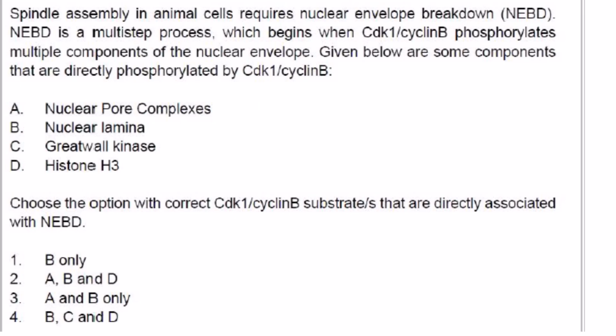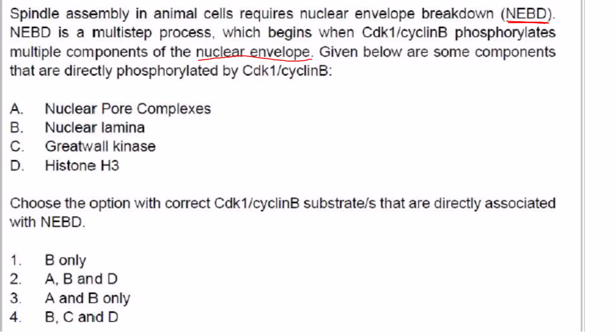Then, spindle assembly in animal cells requires nuclear envelope breakdown, NEBD. This is happening in mitosis. NEBD is a multi-step process which begins when CDK1 cyclin B phosphorylates multiple components of the nuclear envelope.